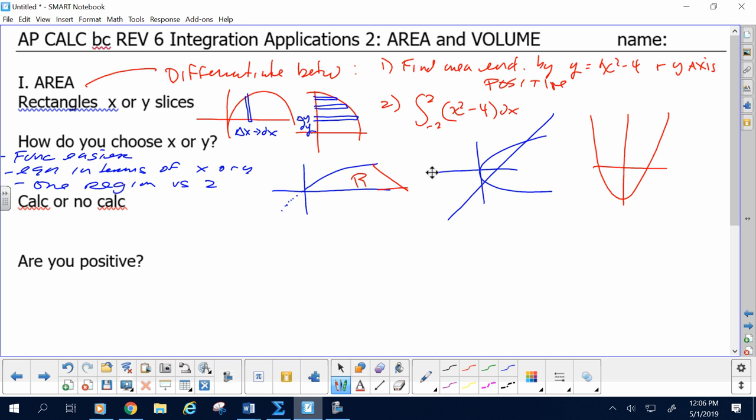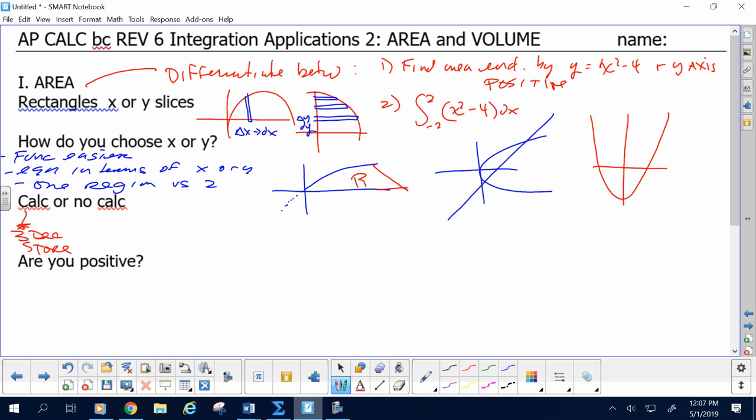Calculator, no calculator. If you're lucky enough, you get a calculator free response area or volume problem. That should be 9, automatic. But when you go to find the intersection points of the limits of integration, you must show 3 decimals, not just in your final answer, but everywhere: in the limits of integration, in the intersection points, everywhere, and store them, store them, store them. Okay?